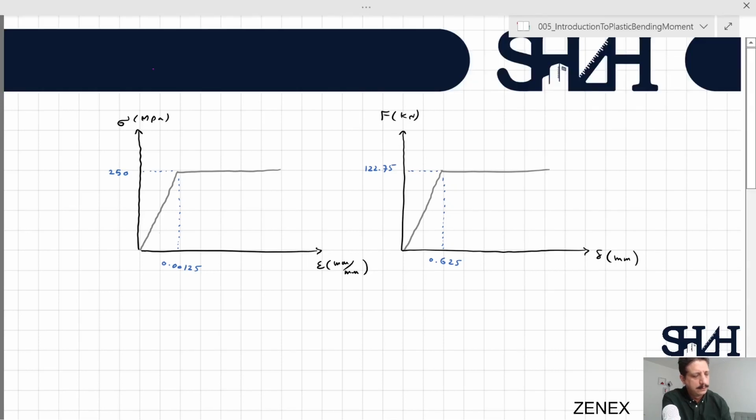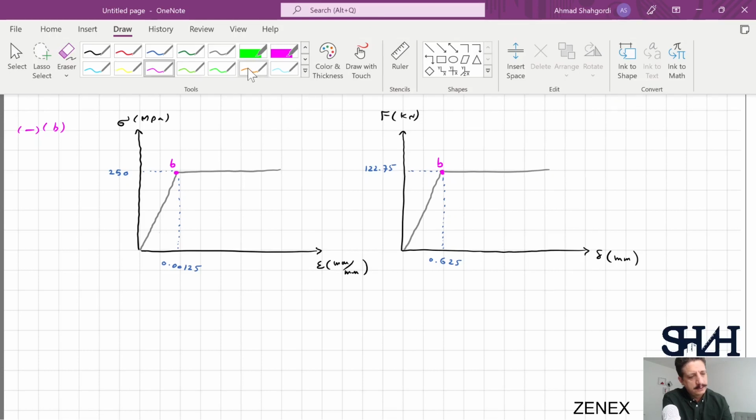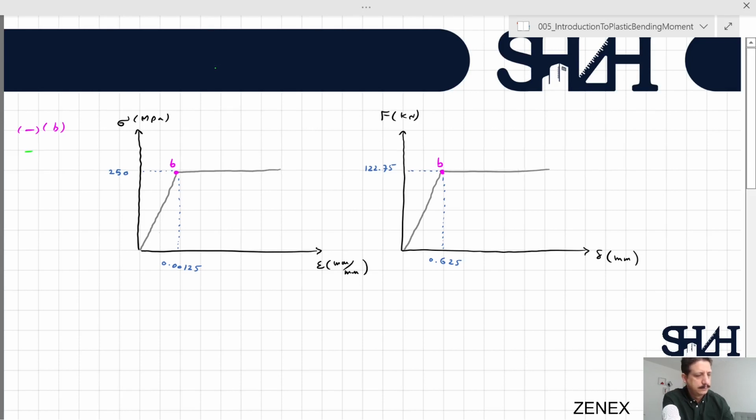Now, this graph represents the B element. For B element, we are at this point: 250 megapascal corresponding to 122.75, and the deformation at point B is 0.625. For the other element, element C, we are at 2/3.